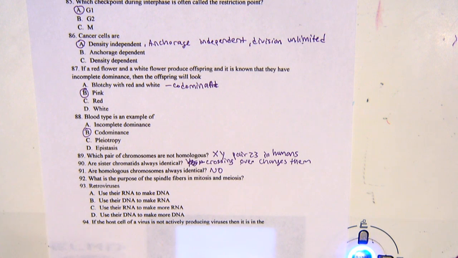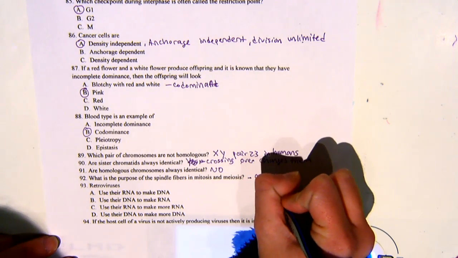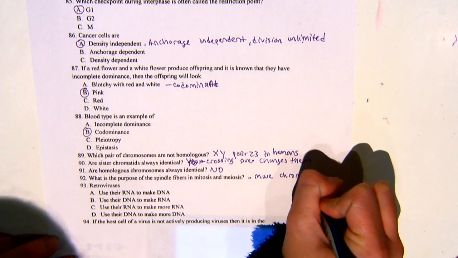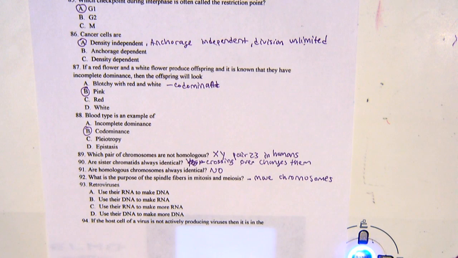All right, 92. What is the purpose of the spindle fibers in mitosis and meiosis? We're going to use them to move the chromosomes.